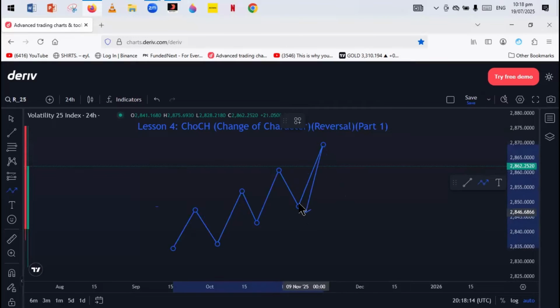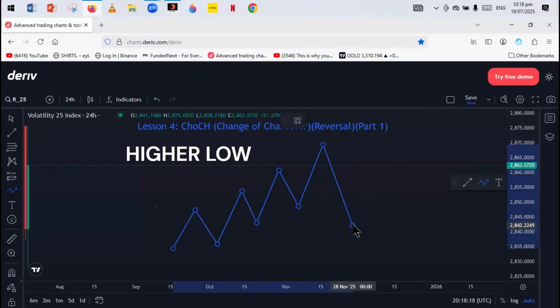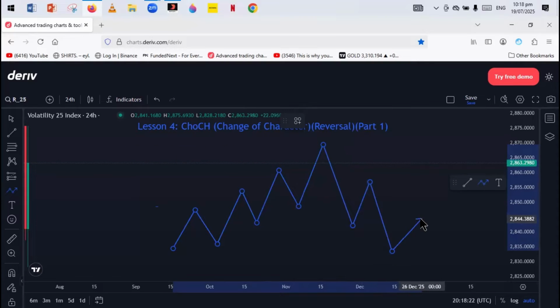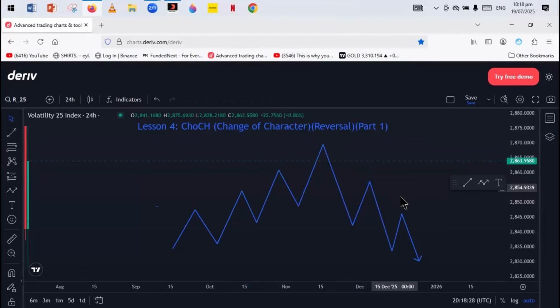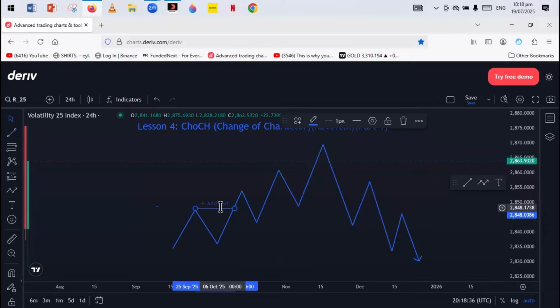Now the moment price breaks this lower high, that is a change of character to indicate price is now changing direction and it's breaking structures now to the downside. So there we have the break of structure.